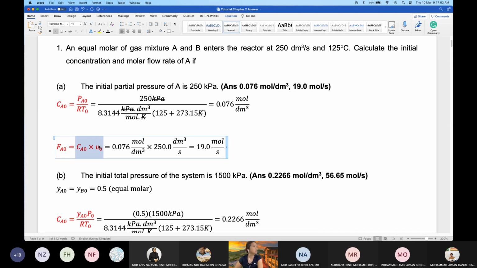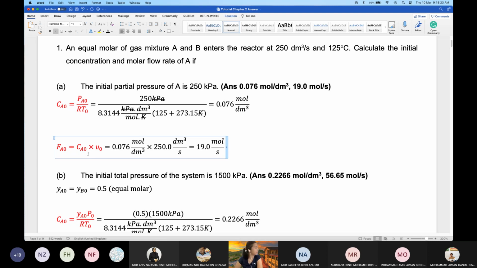Like I told you, just do unit cancellation. If you are not sure, try multiplying first. If you see the units cancel and you get the correct dimension that you want, most likely you are correct. So in this case, I put it as FA0 equals CA0 multiplied by the initial volumetric flow rate, meaning initial molar flow rate of A equals initial concentration of A multiplied by initial volumetric flow rate.